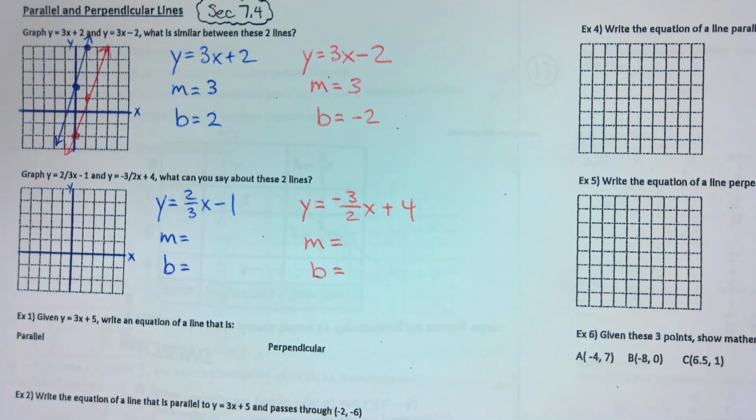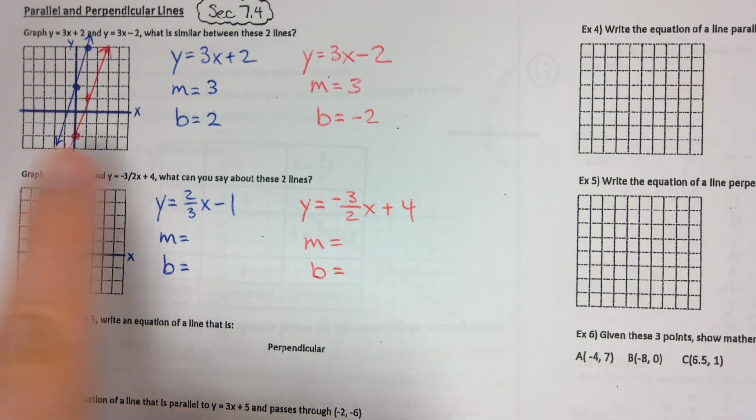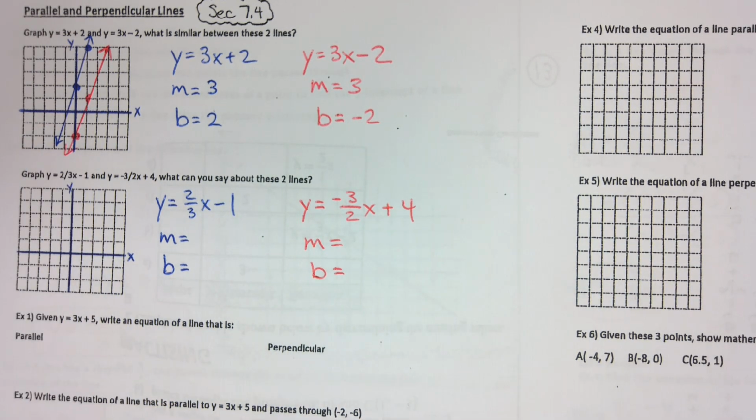What do you notice about these two lines? Sam? They're parallel. How do I know, other than just that it looks like it? The y-intercept went negative, and if you change the y-intercept but keep the same slope, the lines will always be parallel.